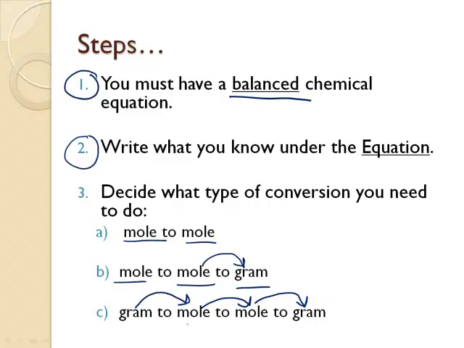So for instance, if I have grams of A and want grams of B, I can convert the grams of A to moles of A, then convert the moles of A to moles of B, and then finally back to grams of B. So let's look at a problem here.